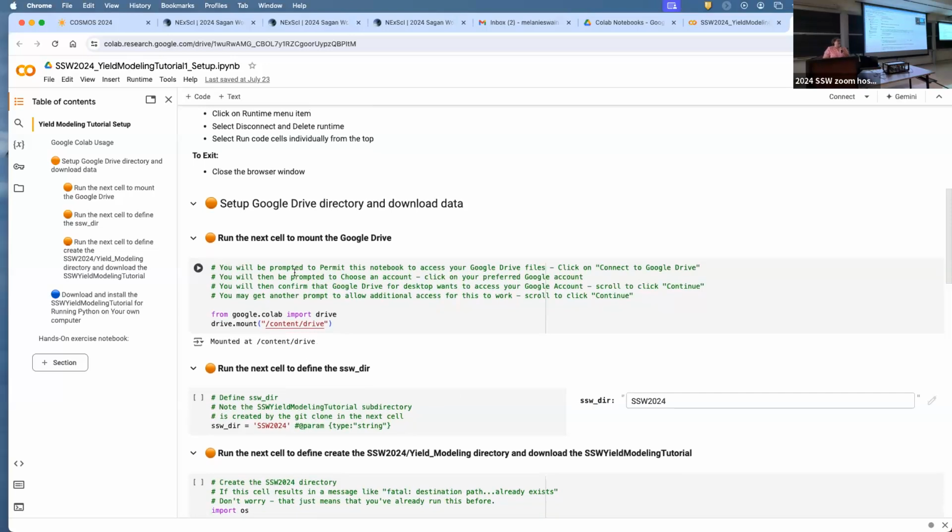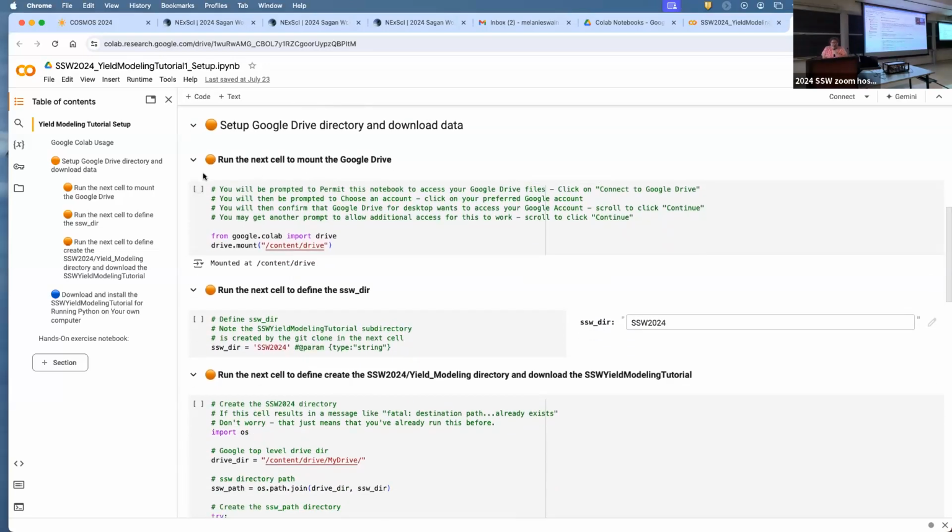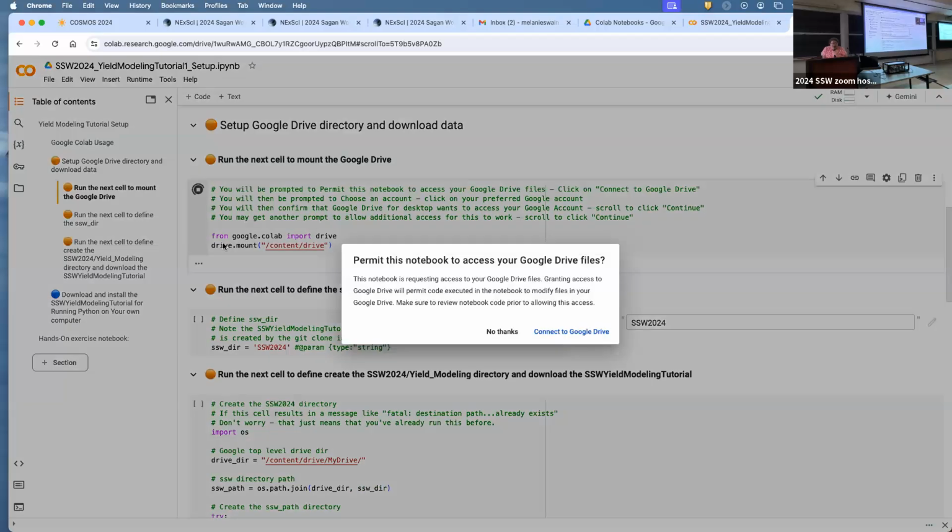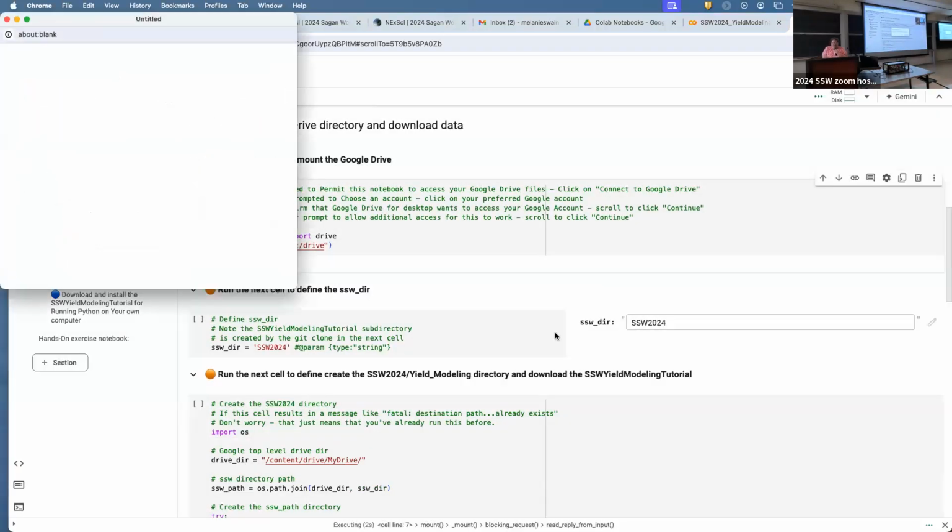So I'm going to walk through this like I'm doing the setup. Here with the first orange dot, and this is not the tutorial yet, we're just getting set up. And so you run these cells. The first thing is that it's going to connect to the Google Drive.